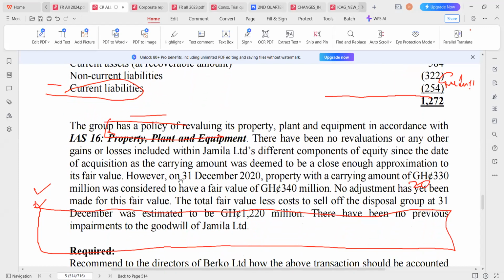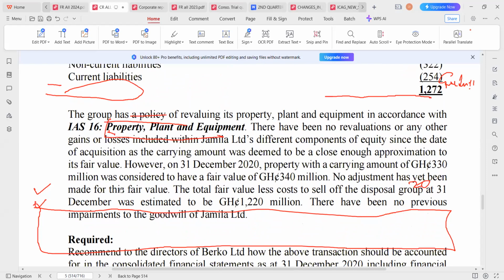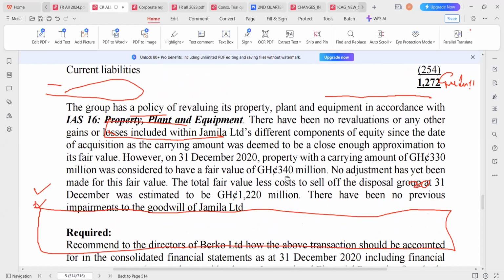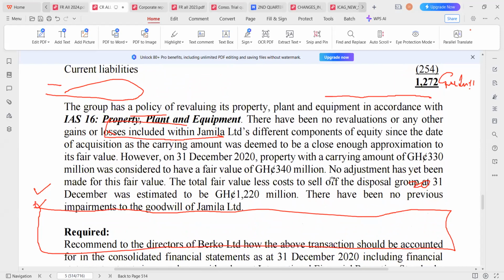However, on 31st December 2020, a property with a carrying amount of 330 was considered to have a fair value of 340. If you have a carrying amount of 330 and your fair value is 340, what can we say?